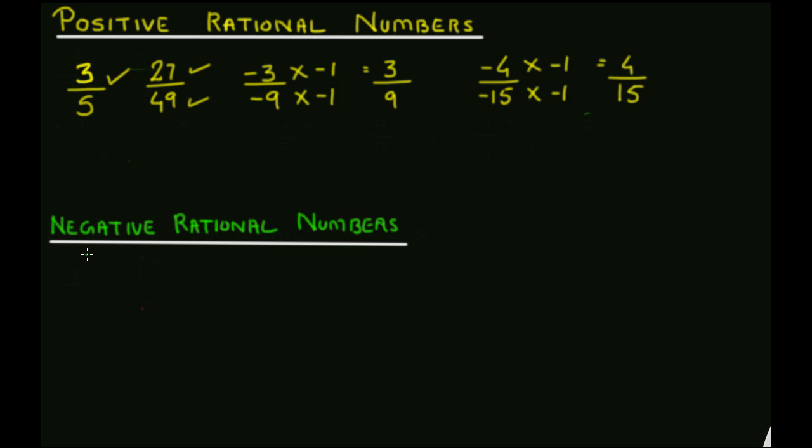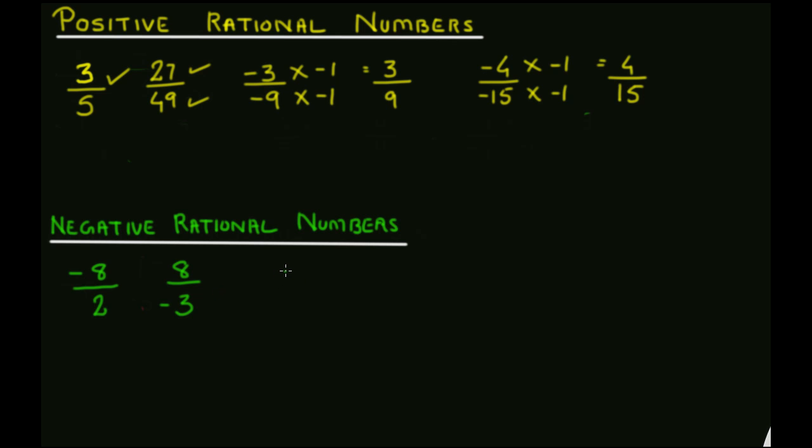Basically, if a negative rational number is divided by a positive rational number or a positive rational number divided by a negative rational number, we call it negative rational numbers. Because if we divide the negative by a positive, we get a negative quotient. Out here, also, if we divide a positive by a negative, we get a negative quotient.